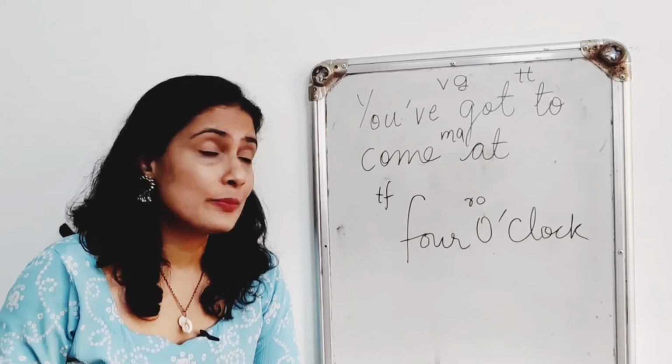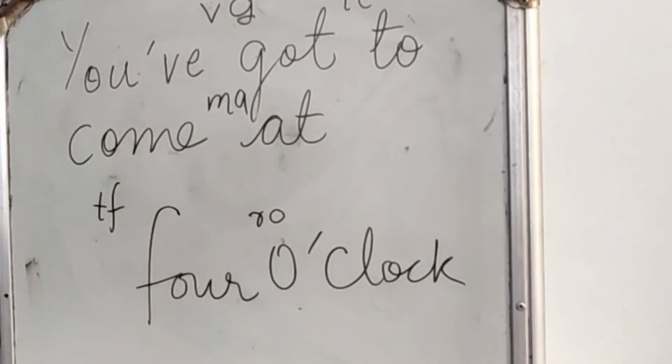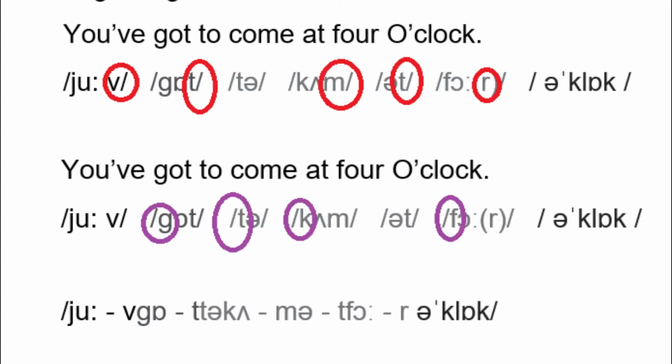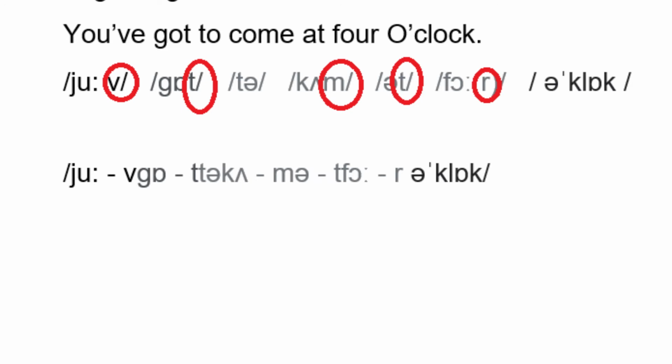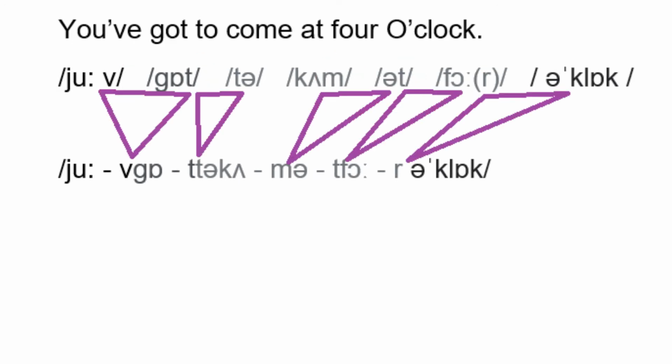Let's take another example here. You've got to come at 4 o'clock. If you take this word separately, it's "you've got to come at 4 o'clock." But we want to connect them.